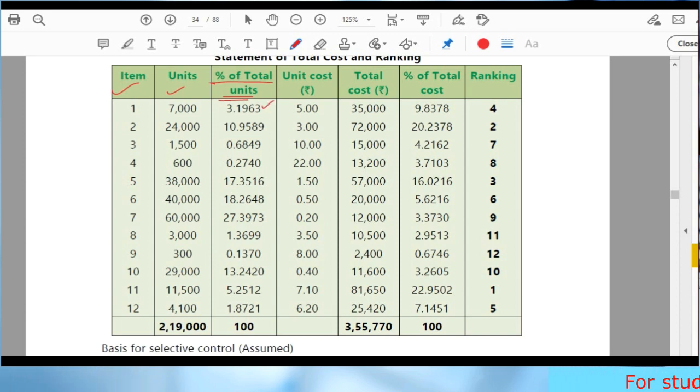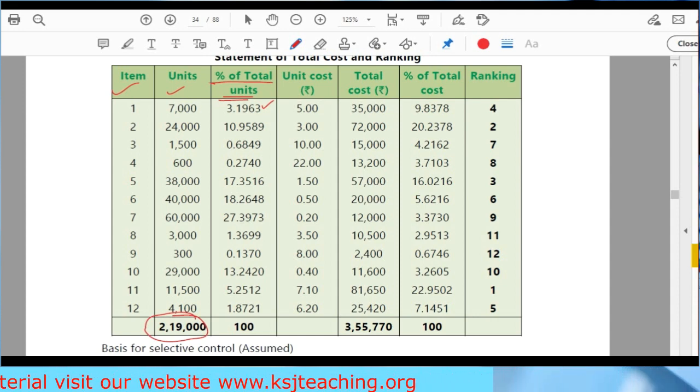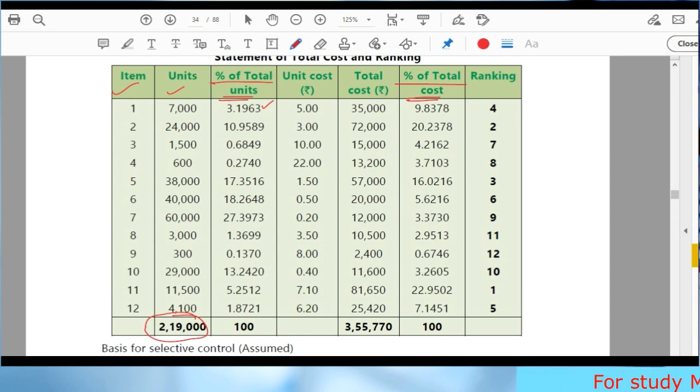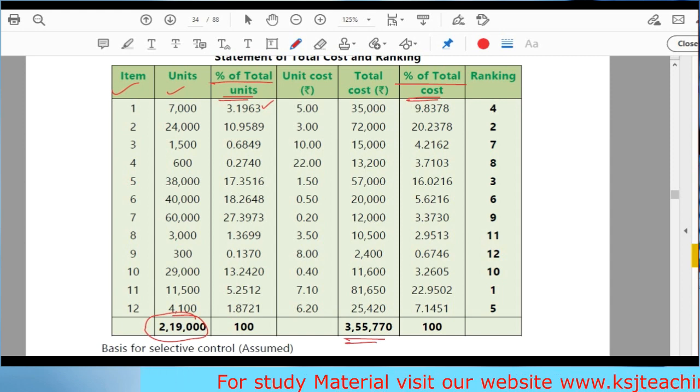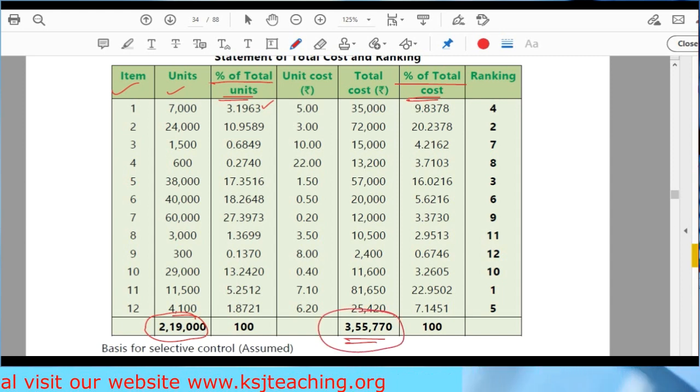That means out of these 2,19,000 total units, what is the percentage of item number 1, 2, 3 and 4? Now, unit cost is given to us. You can calculate the total cost. Similarly, you have to calculate the percentage of the total cost. Total cost is 3,55,770. Out of this total cost, what is the percentage of item number 1, 2, 3 and 4?